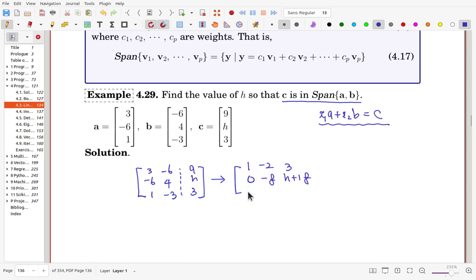Now we put here first minus 3 and 3, and then to make this one 0, subtraction, so that here this is 1, minus 2 and 3, and 0, minus 8, and h plus 18. Right? Okay.